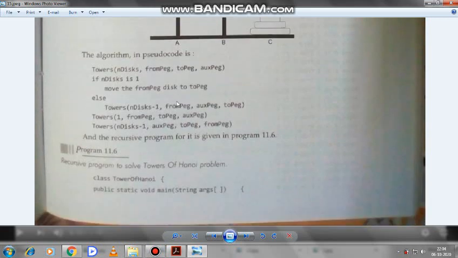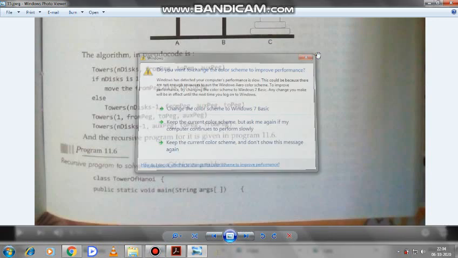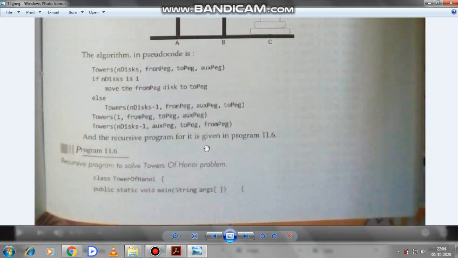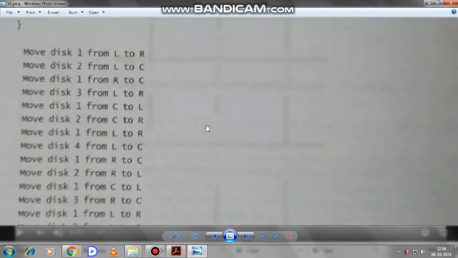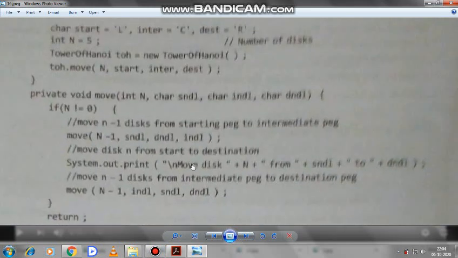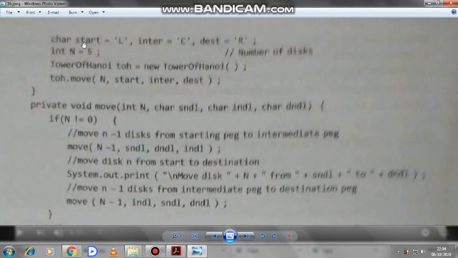Okay, now let's see the problem. I think you have understood the algorithm. Now see, here I have written these things. Here is the problem. I have taken the start disk as L, the intermediate disk as C, and the destination disk as R. And this is start, intermediate, destination.